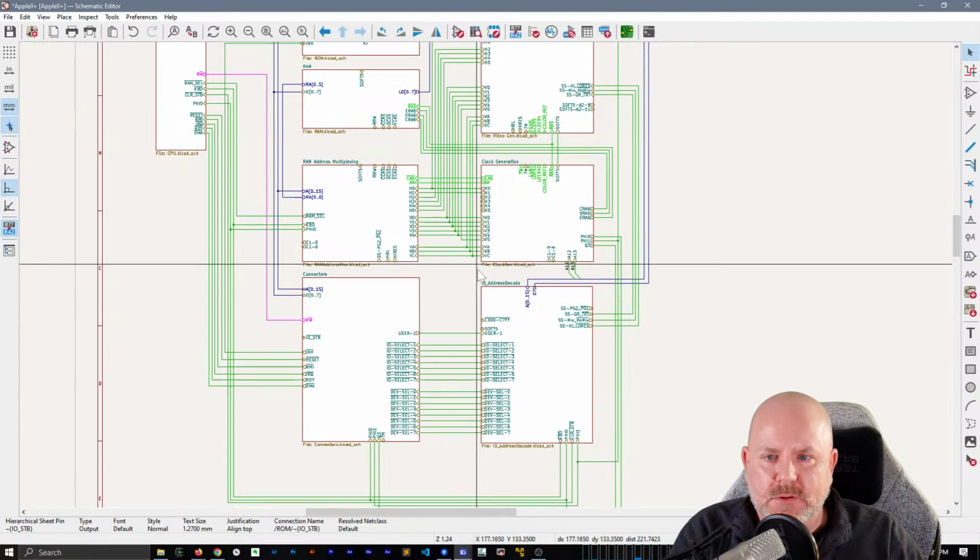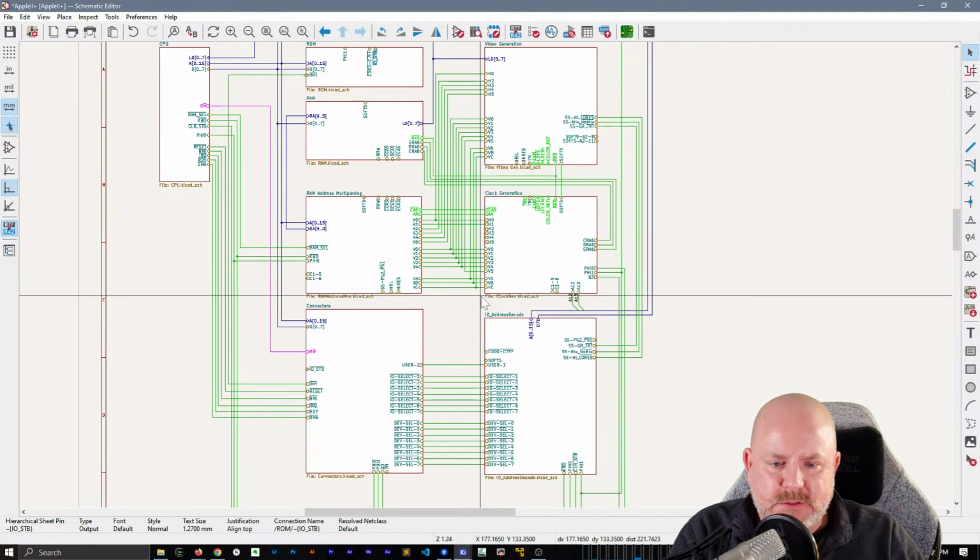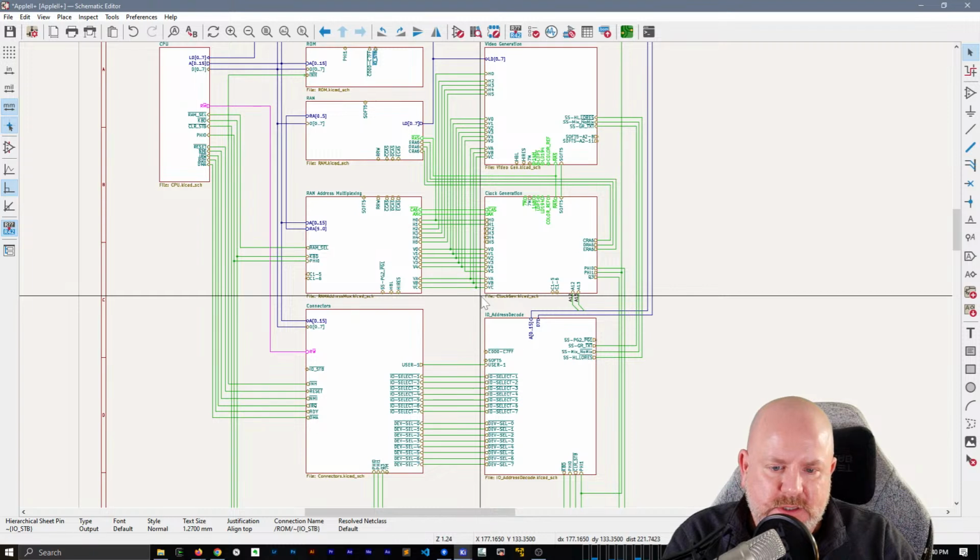Well, IO strobe has to go to the slot. And the C800 to CFFF. Yeah, that's the expansion slot ROM, right? Or is that soft switches, isn't it? But no, never mind. That's the expansion ROM, I think.